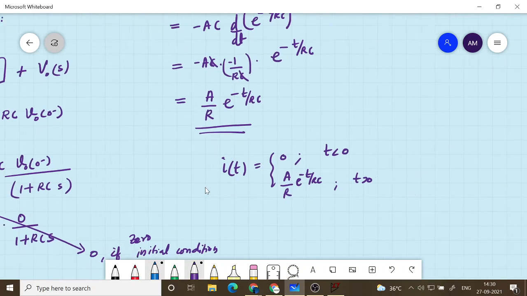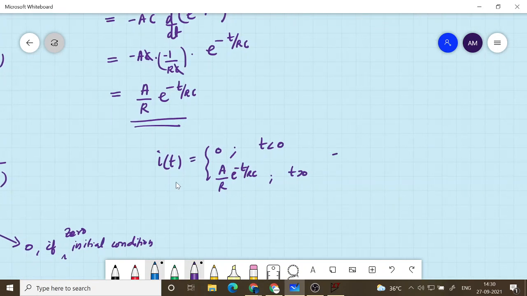This thing I can write in a simplified manner using the unit step function as A by R into e raised to minus t by RC into u of t. Okay, so this also you can compare and check. If you take different values of time, whether what you are getting from the expression matches with what you are getting through simulation. Okay, is that clear?